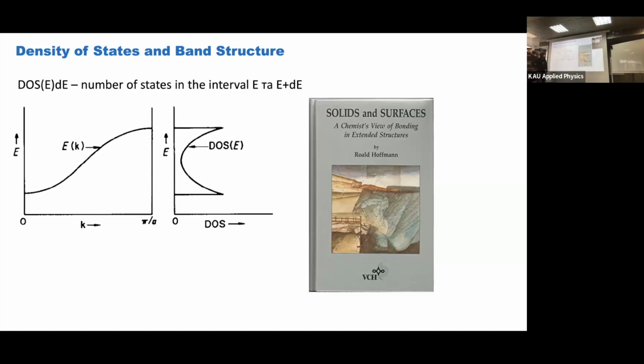So when the band is flat, a lot of states. When it has a huge angle, not a lot of states. And for a parabola band structure, we'll also have a parabola DOS.